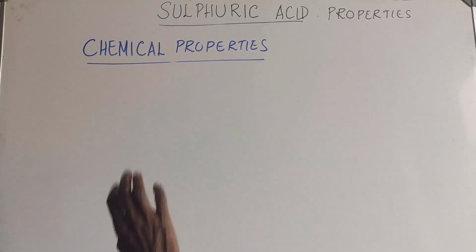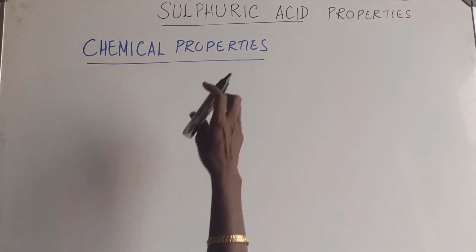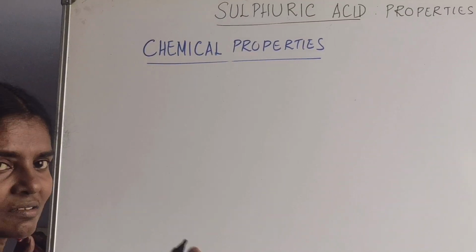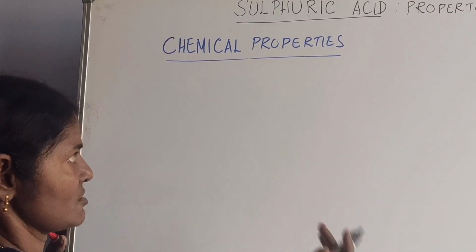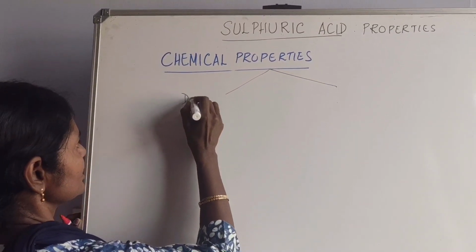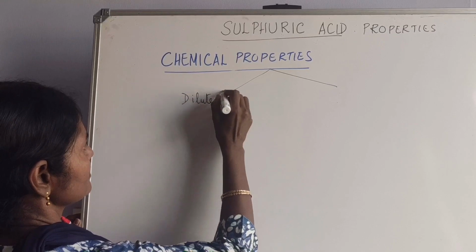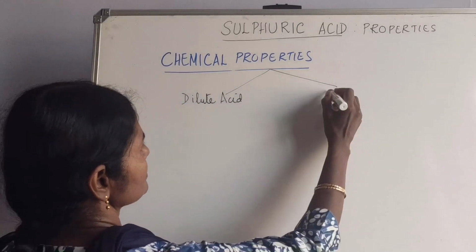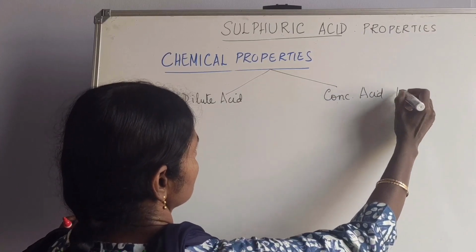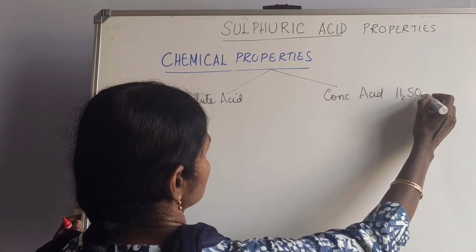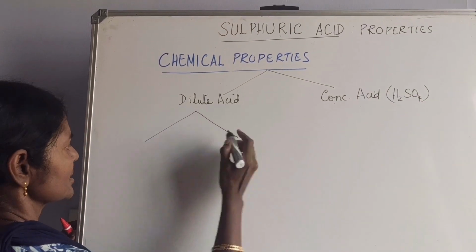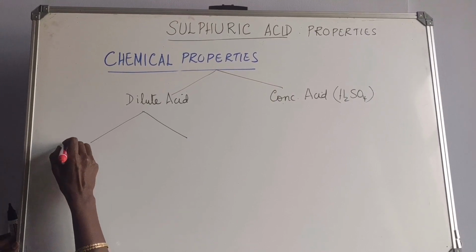Now we move on to the chemical properties, where sulfuric acid exhibits different kinds of properties based on whether it's dilute or concentrated. So if you take the dilute acid and concentrated acid, okay, in the dilute it exhibits acidic properties.